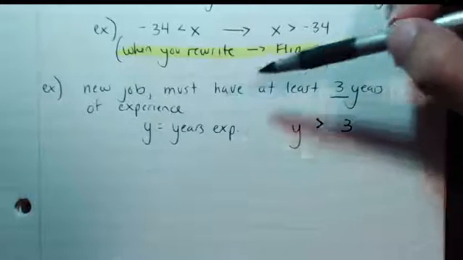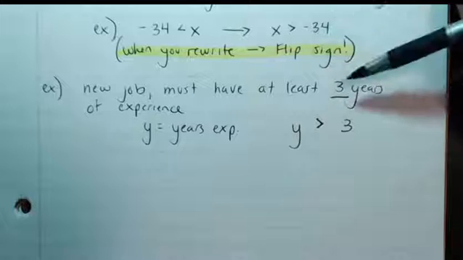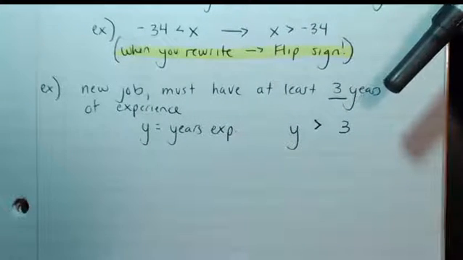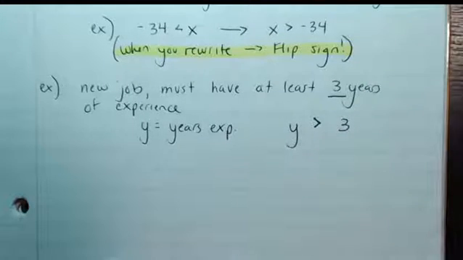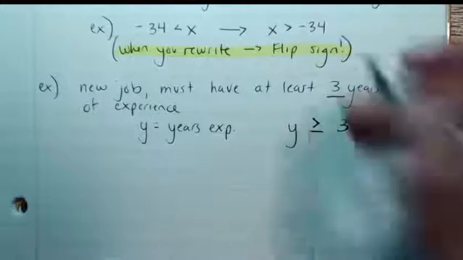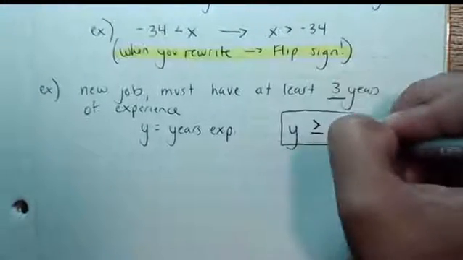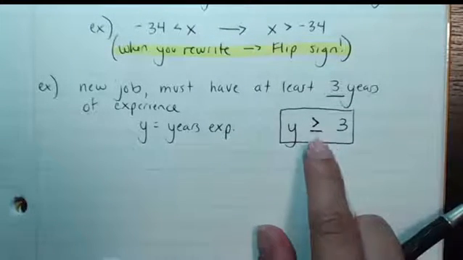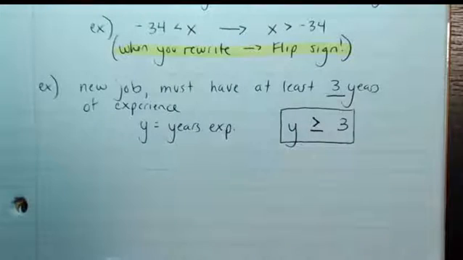Because it says you must have at least 3 years of experience. So can I have 3 years and still apply? Yes, I can. So this one's also going to have that equal to bar. So when I write this inequality, and I say it out loud, the years experience must be greater than or equal to 3 for me to apply for the job.